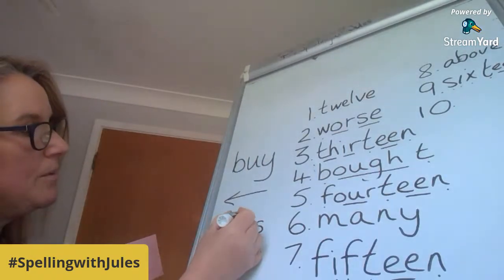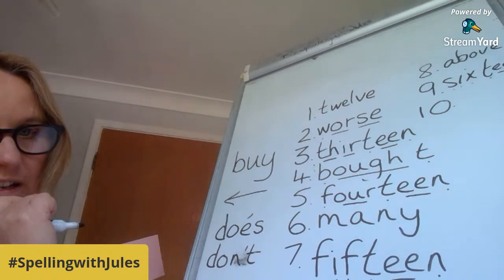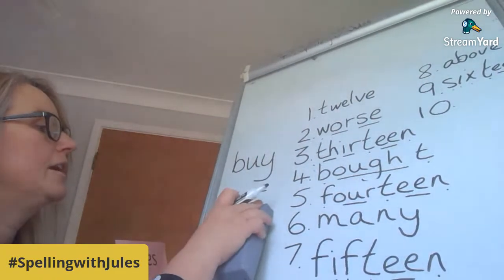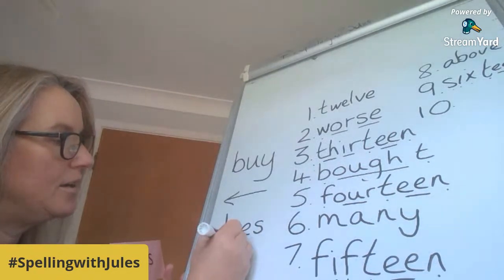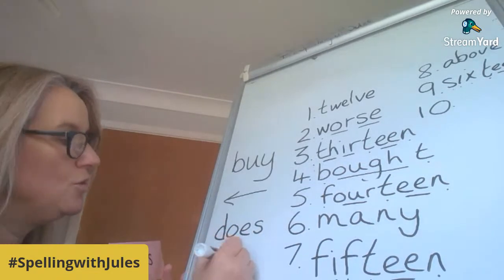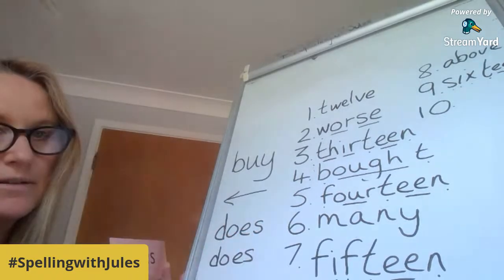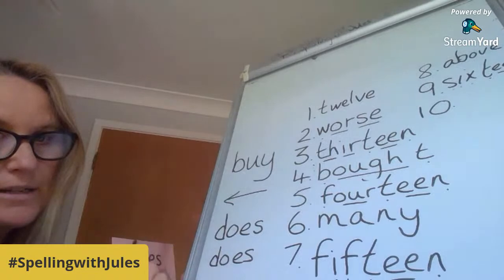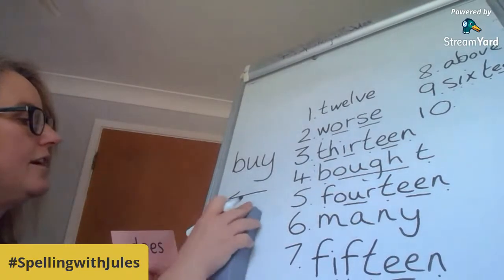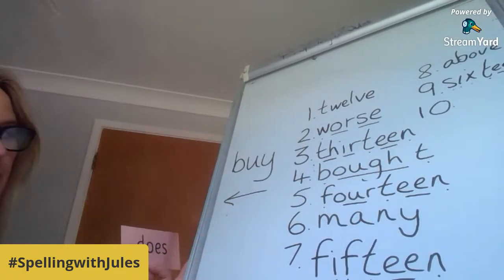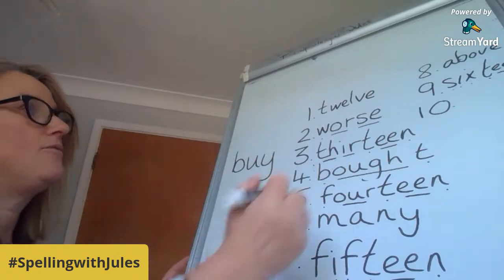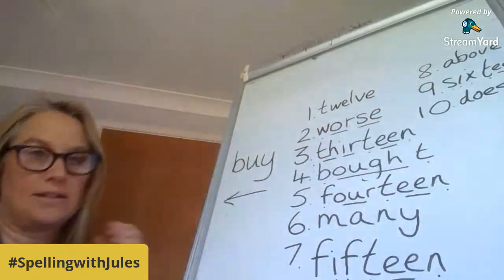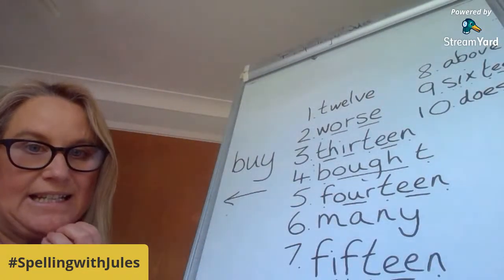So you can see why people might want to put an apostrophe in does, but there's no apostrophe. Okay, but if you mix up your letters, just remember it's do, ES for does. Lots of people do DEOS. So just a little tip for you there if that happens to you. Okay, we're done. So I'll quickly write it up there, although I'm going to rub it out in a minute. Does. So that's our spelling quiz.